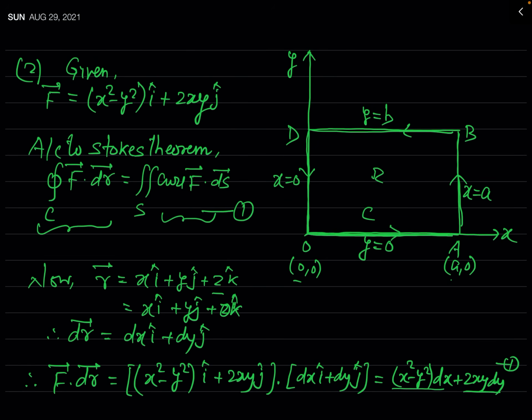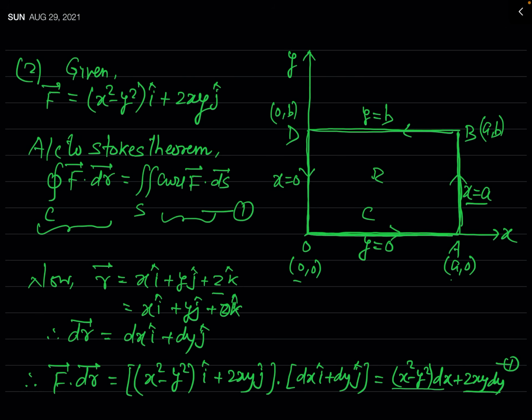When you move along the path AB, you can see x remains constant at a particular value a, but y varies from 0 to b, because the coordinates of this point are a, b, and the coordinates of this point D are 0, b.